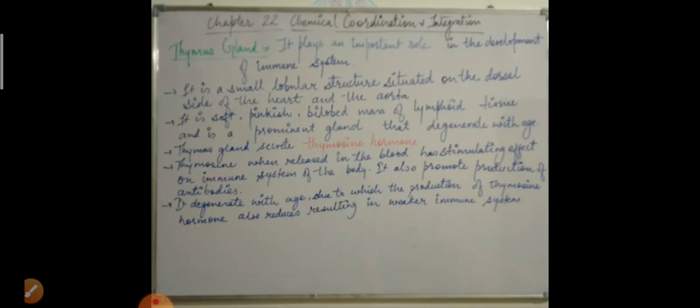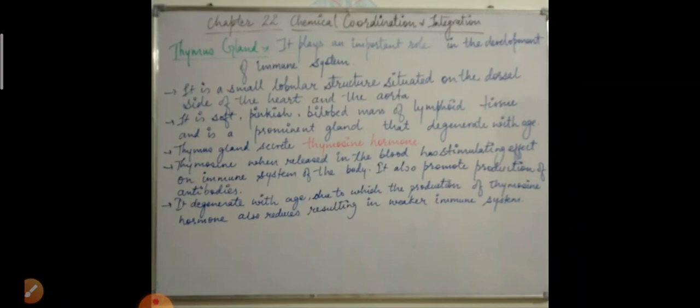Thymosin, when released in the blood, has a stimulating effect on the immune system of the body. It also promotes production of antibodies to fight against infection. That means it is responsible for immunity, and the production of antibodies helps in fighting against antigens or pathogens and protects the body from diseases.